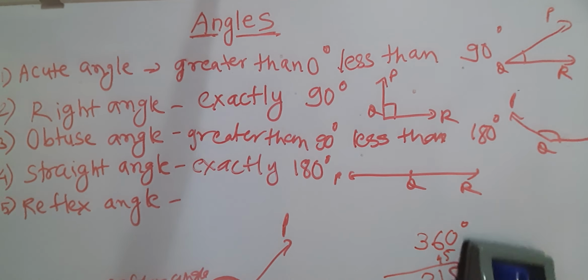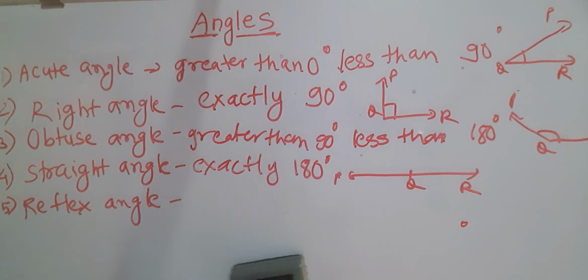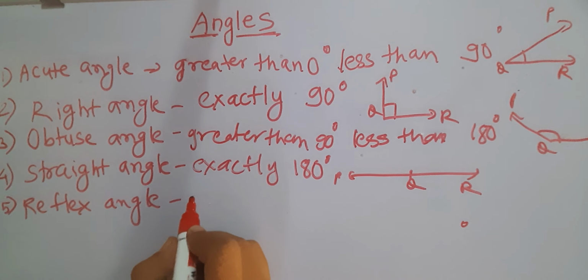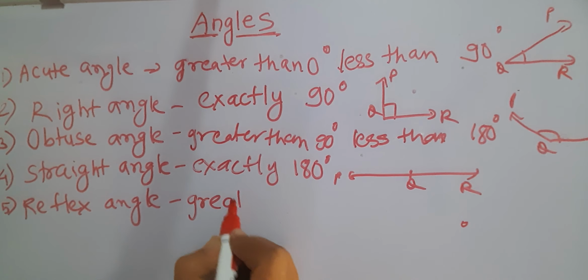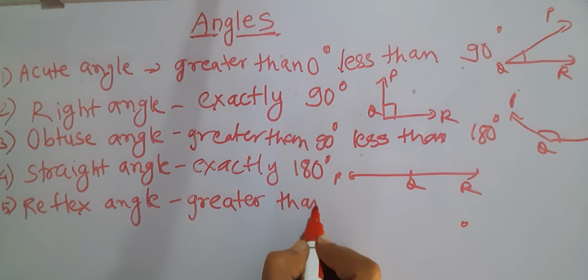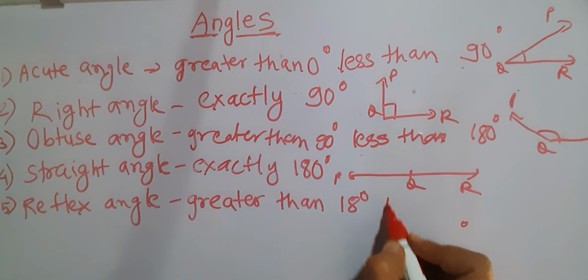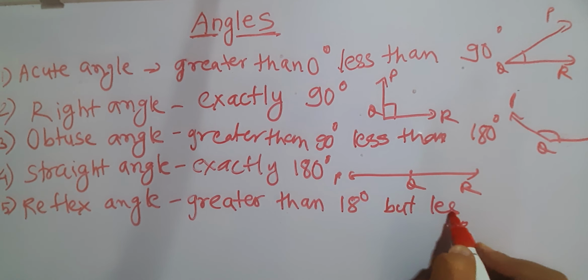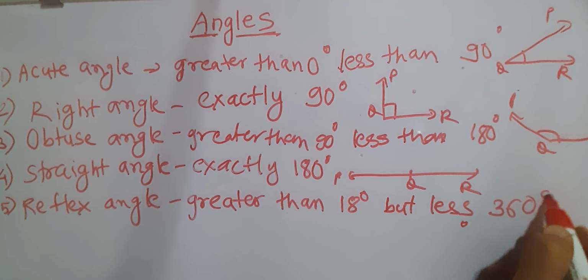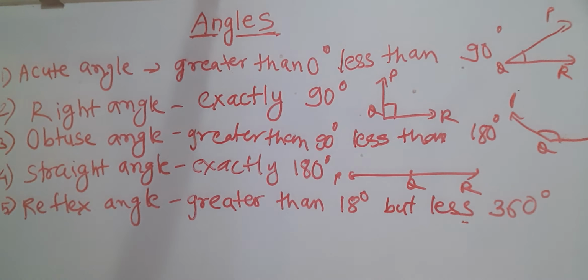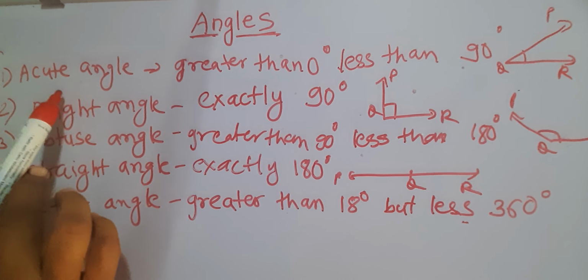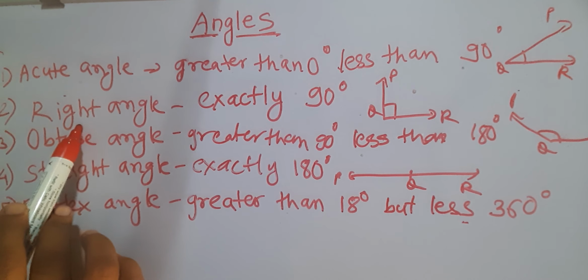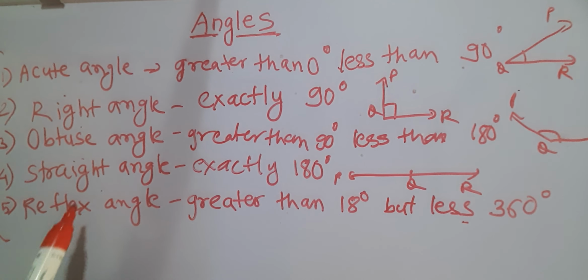So reflex angle is greater than 180 degrees but less than 360 degrees, then we can say the reflex angle is formed. So these are the types of angles: acute angle, right angle, obtuse angle, straight angle, reflex angle.